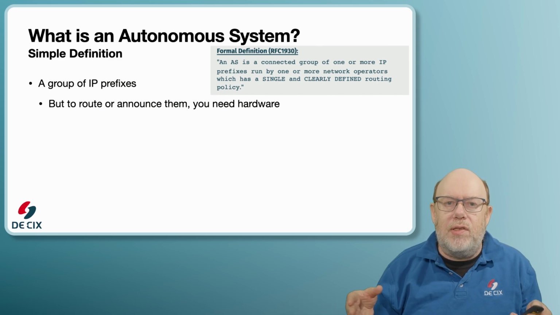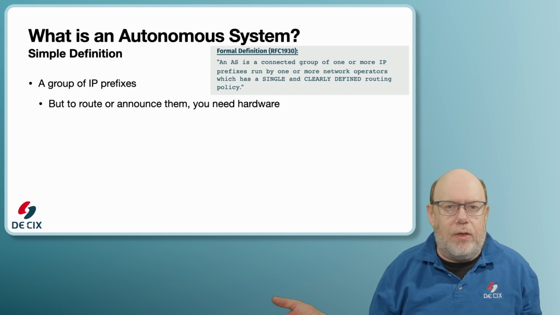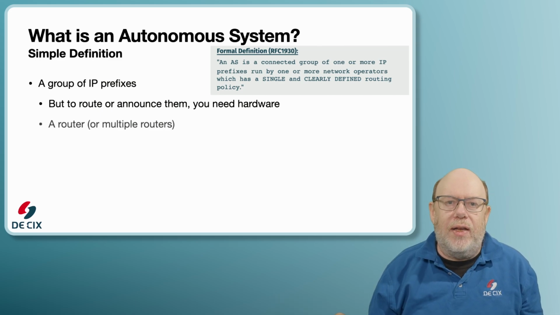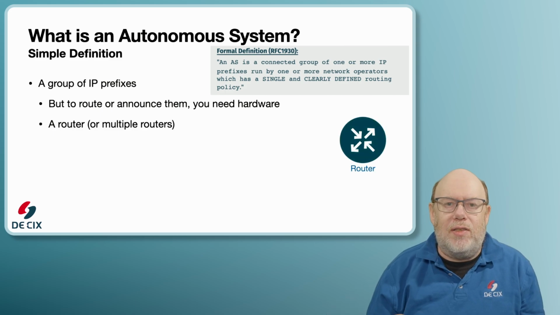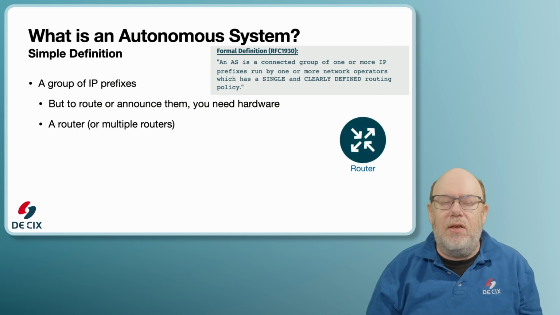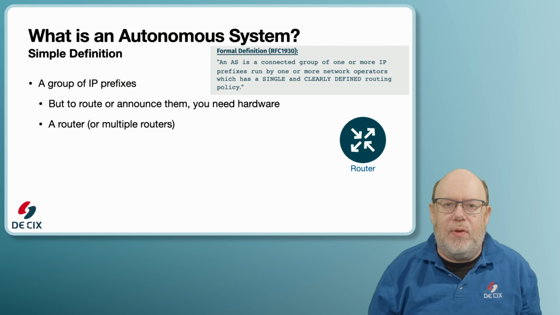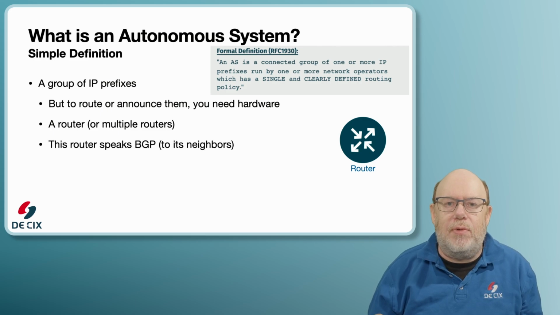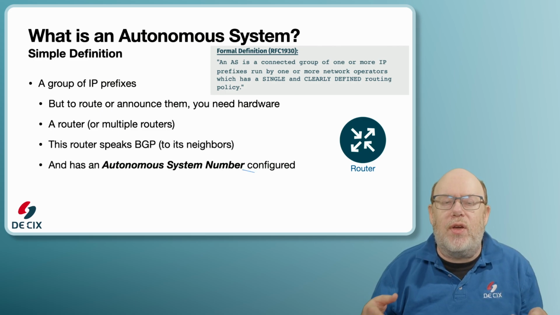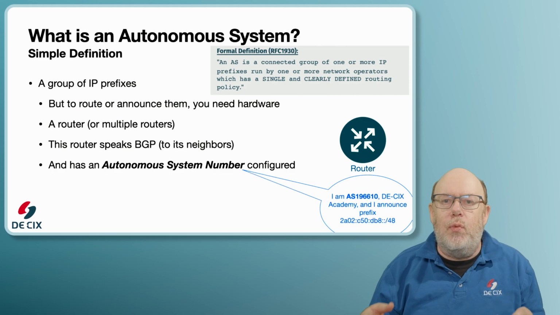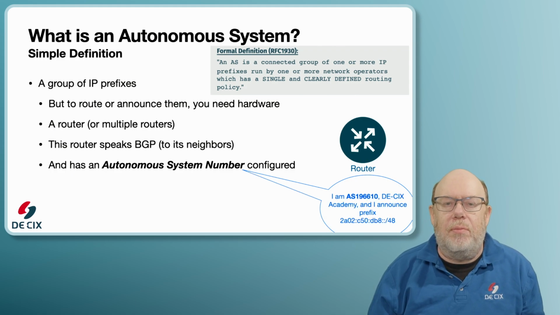At the moment we say to route or announce prefixes, you need some hardware, you need a router, and the router or multiple routers, they speak BGP, Border Gateway Protocol, to its neighbors and identify themselves with an autonomous system number.